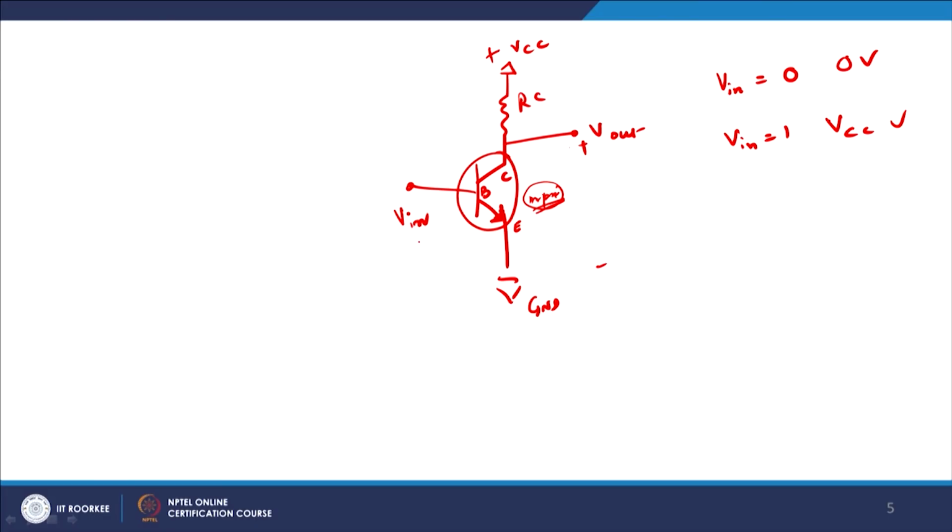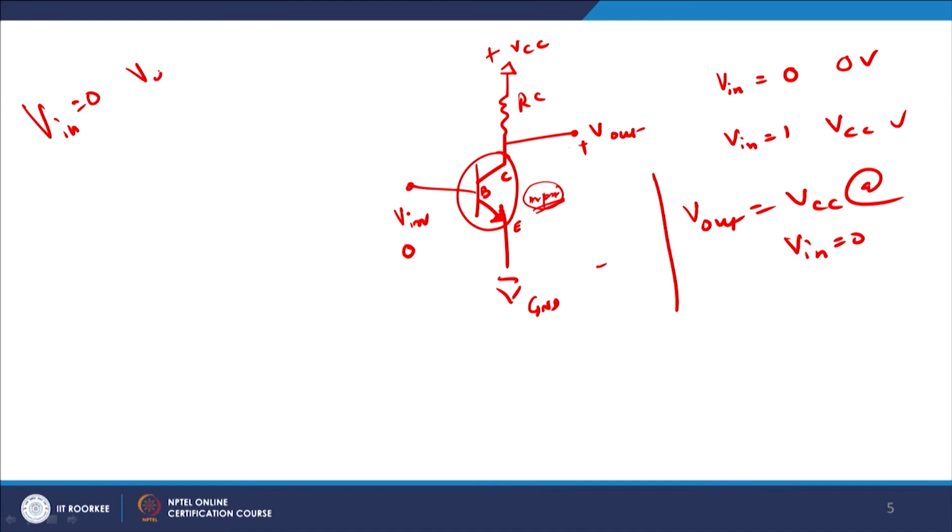Now when my V in equals 0, then my base-emitter junction is cut off, and therefore no current is flowing, no IE is flowing, and therefore no current will be flowing through the circuitry, and my V out will therefore equal VCC. So when my V in equals 0, my V out equals VCC.